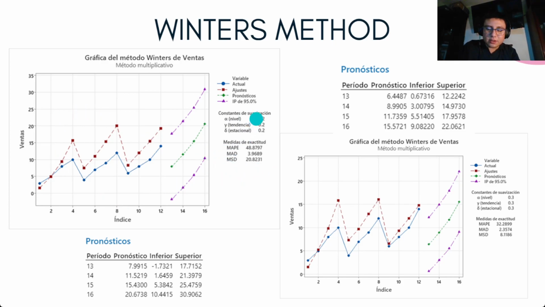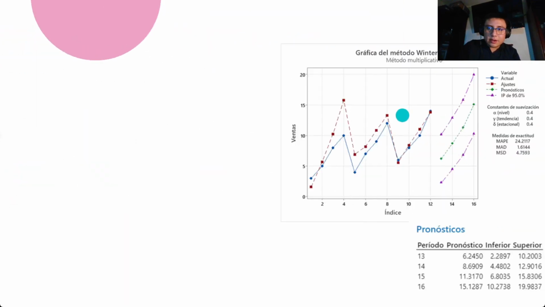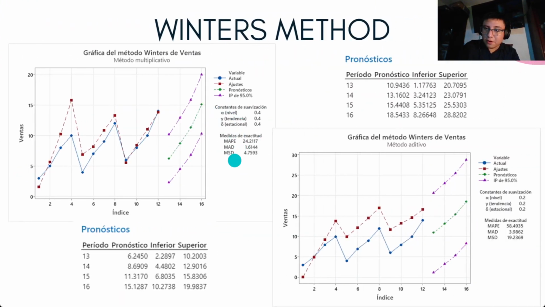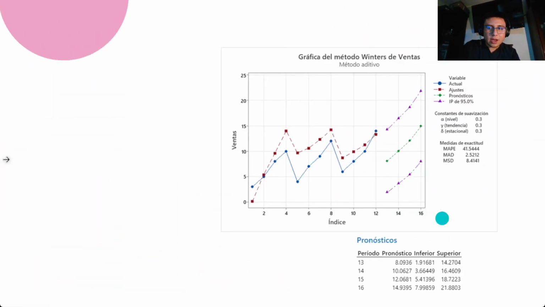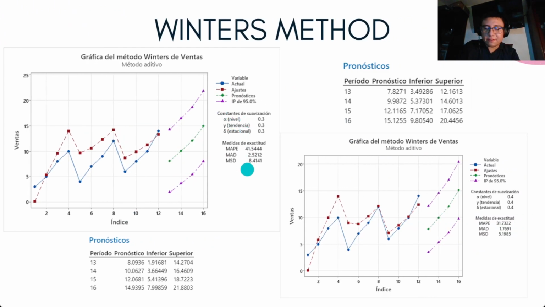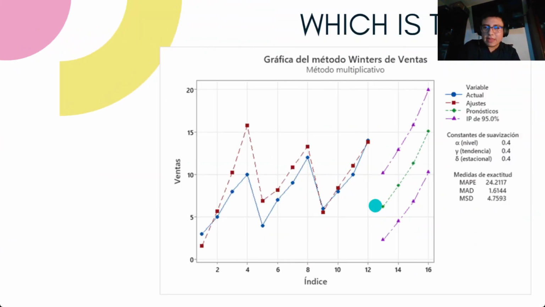Here we have 0.248, it doesn't work. Here we have 0.332, okay, better. Here we have 0.524, the best of all. And here we have the additive method, 0.258 worse, and 0.341 worse, and 0.431.